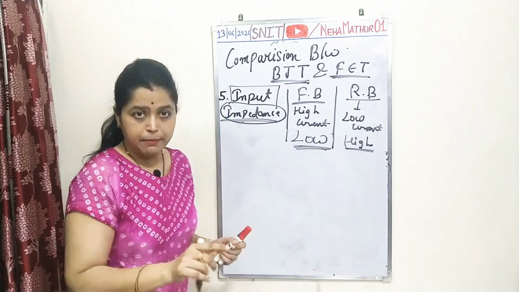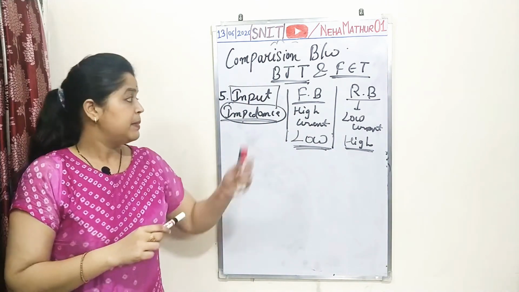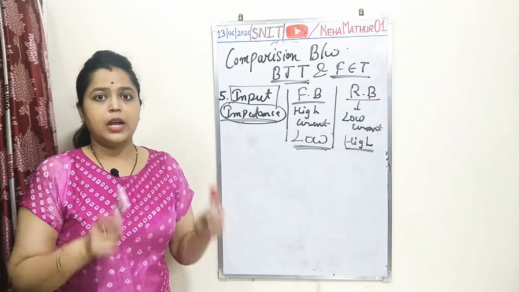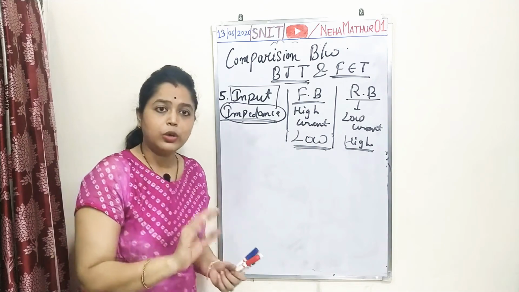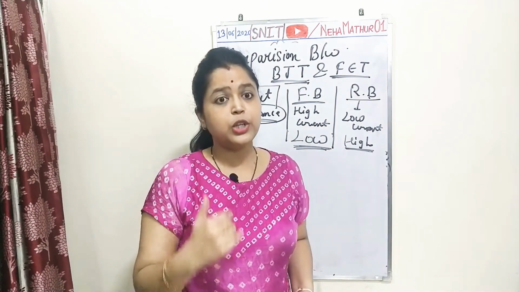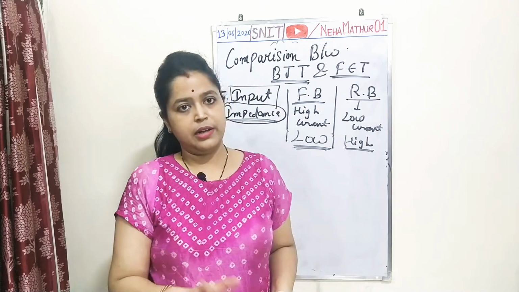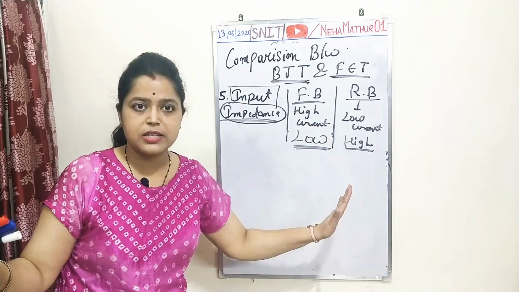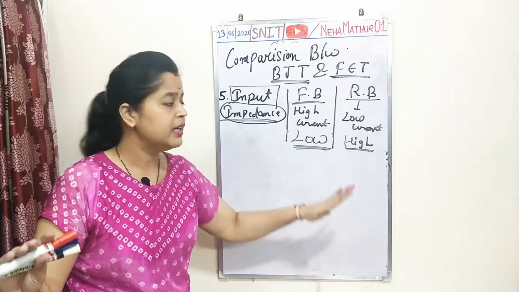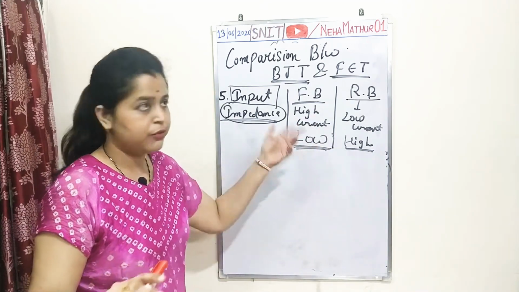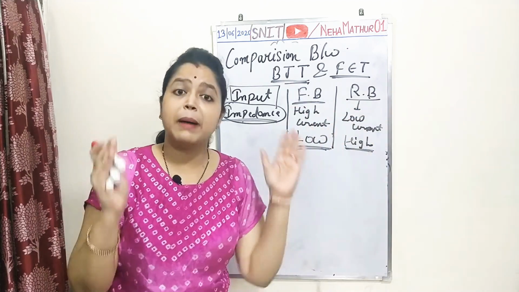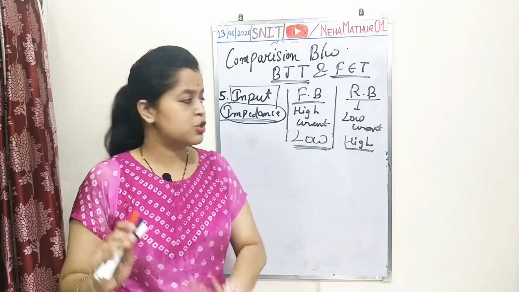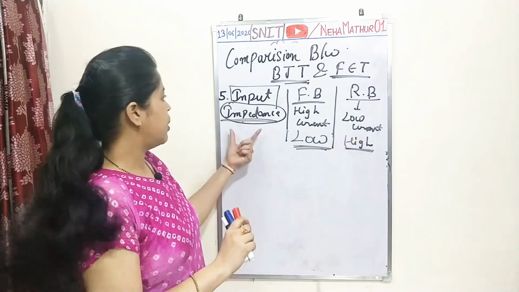So always remember that BJT has lower input impedance than FET, and input impedance is nothing but the total disturbance which disturbs the flow of current. Since this is forward biasing, that means complete conduction of charges, full flow of current, and that means low disturbance. While reverse biasing means minor current, that means full of disturbance in the flow of charges. So high impedance. This is about input impedance.